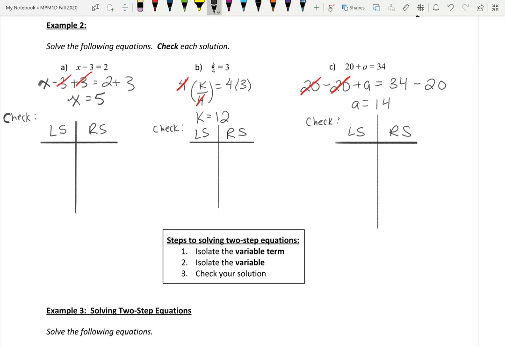Okay, so the left side of your original equation and the right side of your original equation. So the left side of A, this is our original equation up here. The left side of the equal sign is x minus 3, so I'm going to write that on the left side. And the right side is 2. I'm going to write that over here.